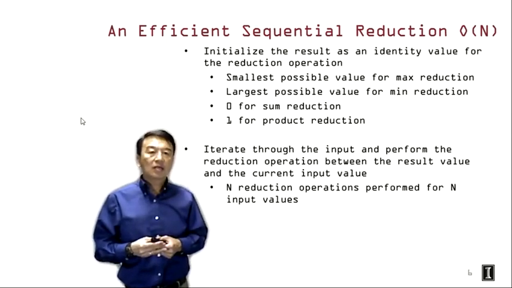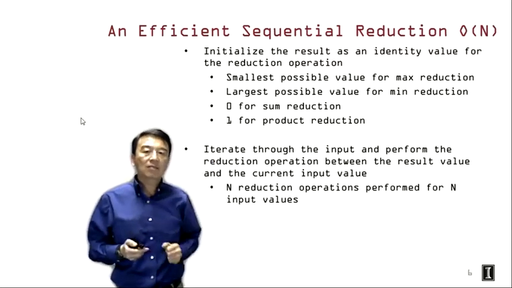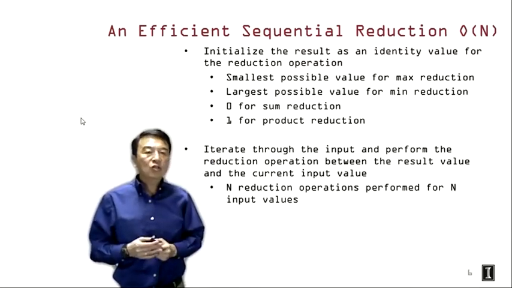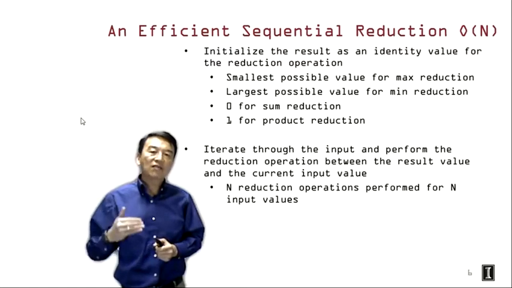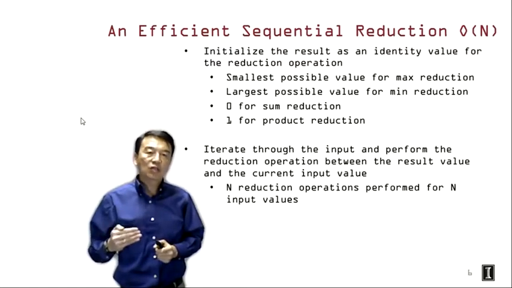So we can write a fairly efficient sequential reduction program by following this procedure. We can initialize the result as an identity value for the reduction operation. So if we are doing a sum reduction, we can just initialize the value to be 0, as we mentioned before.